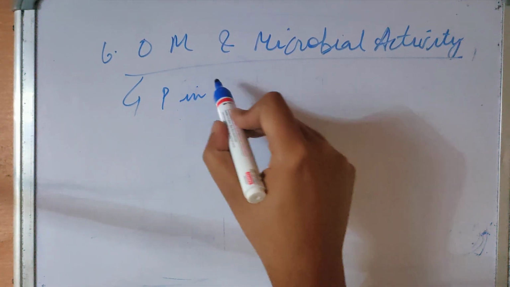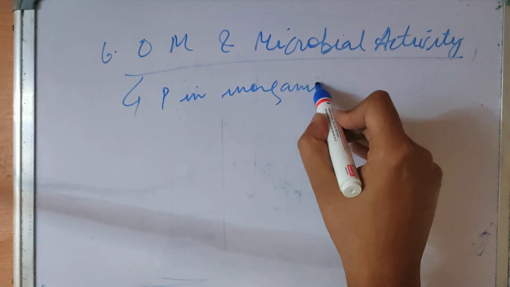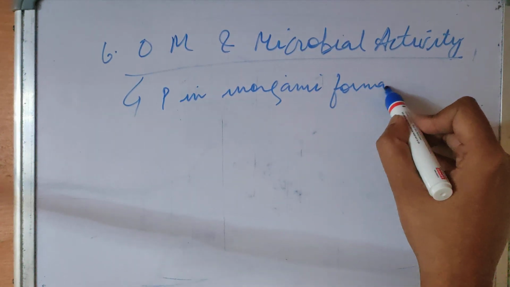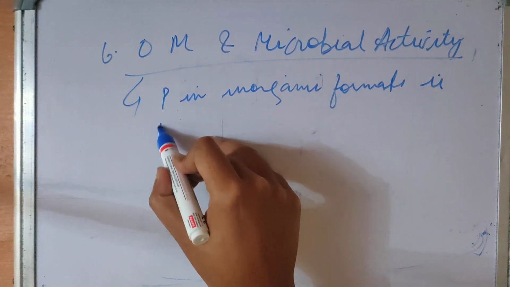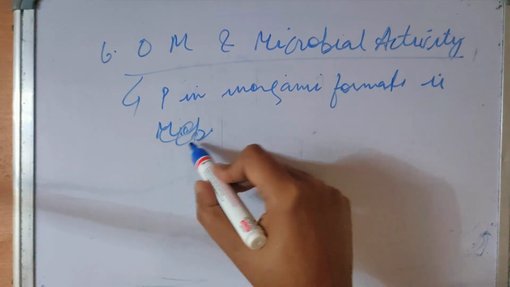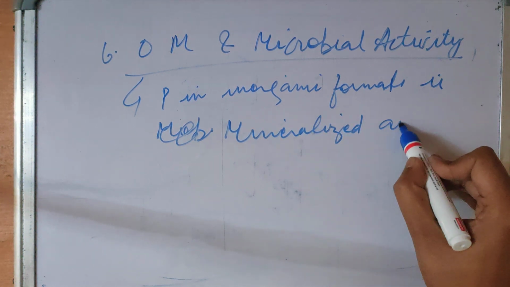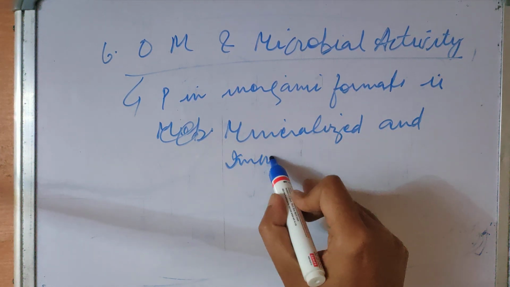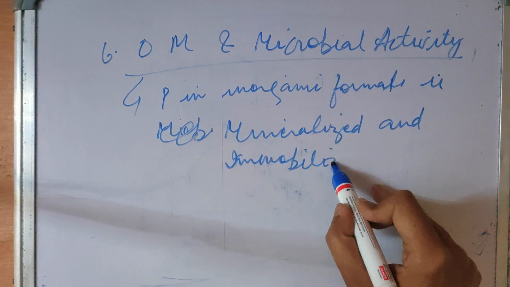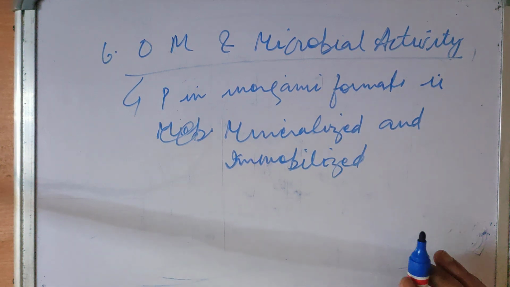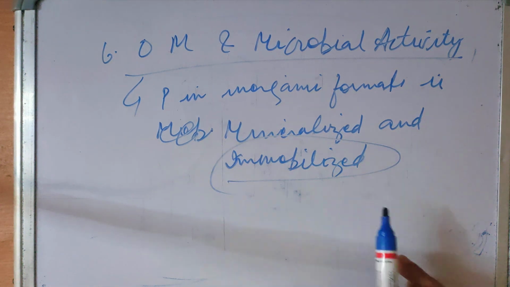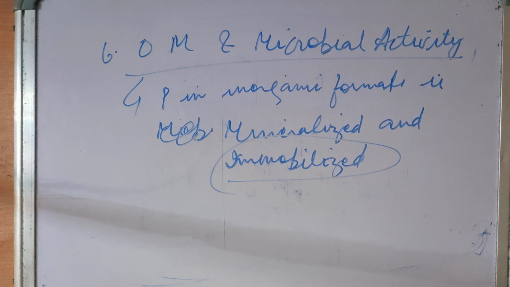So phosphorus in inorganic forms is mineralized and immobilized. So what it does, due to immobilization of phosphorus, there is not that much availability of P in soil, and hence our crops are not able to get that phosphorus.